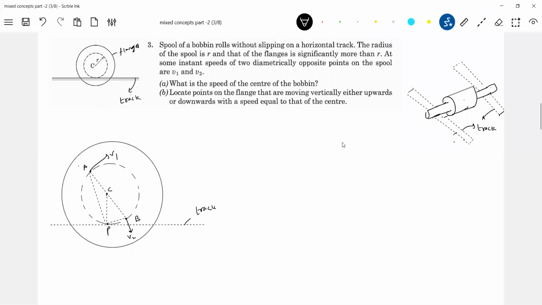So first of all, where is the instantaneous center? I'll just expand that triangle.